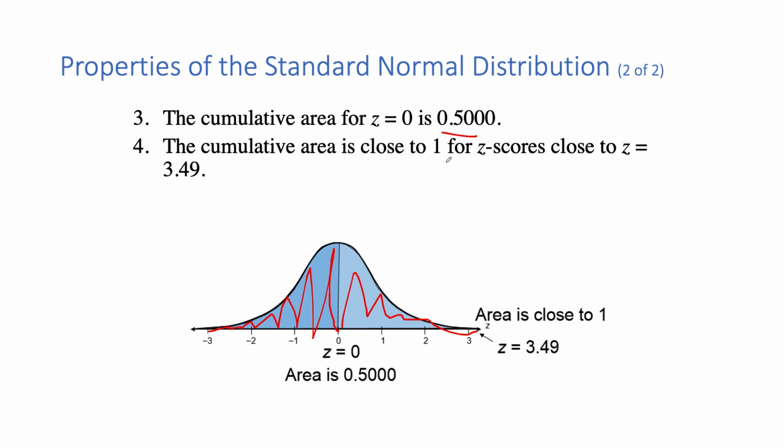But as I travel further and further from the left end point to the right end point, I accumulate more and more of this area. When I hit the halfway point, I should have accumulated half the area. And by the time I hit the end point, I should have accumulated all of the area under the curve. The cumulative area under the curve at that point is 1. Okay. All right.